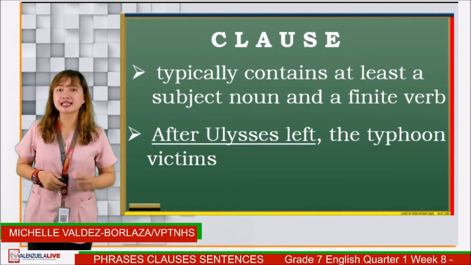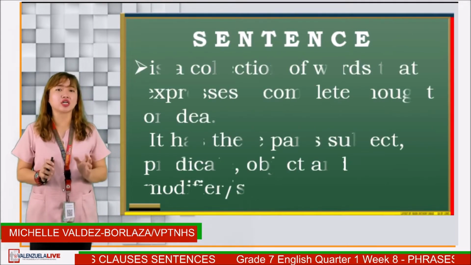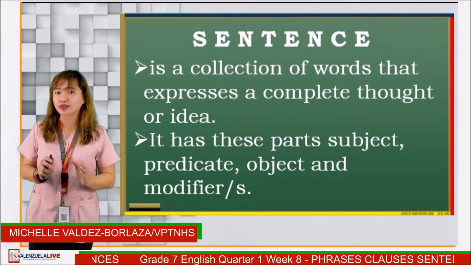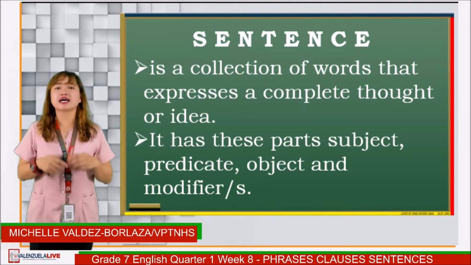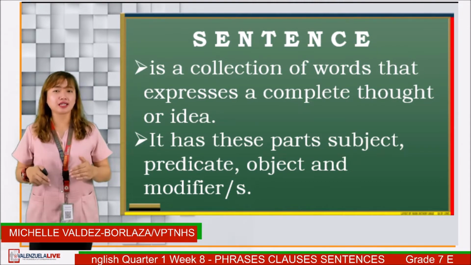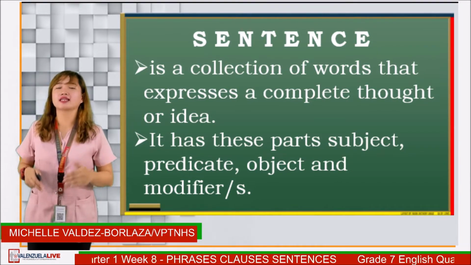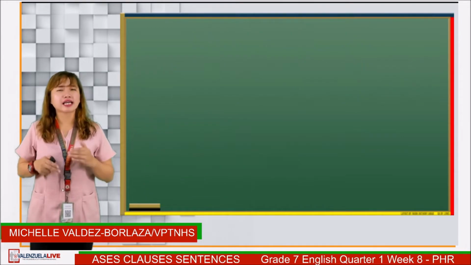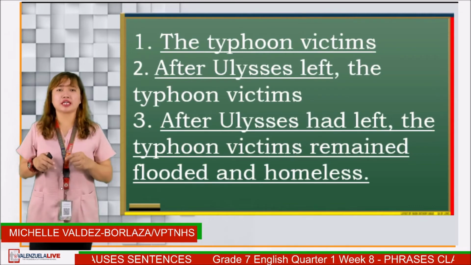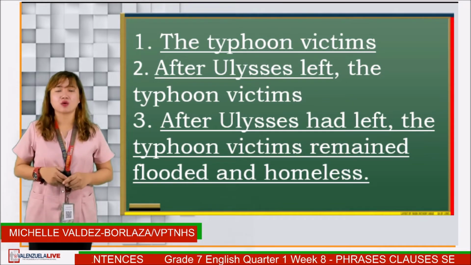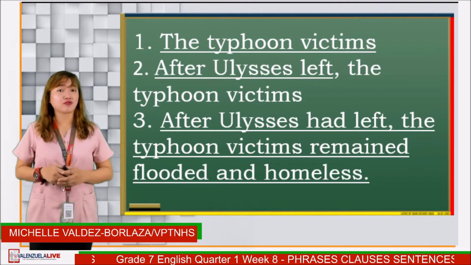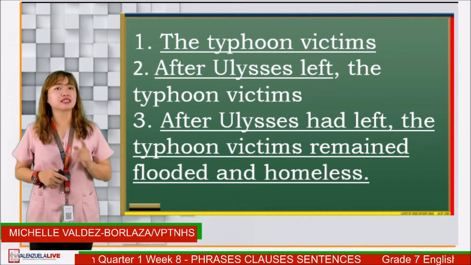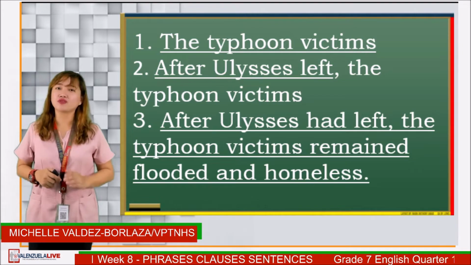And a sentence is a collection of words that expresses a complete thought or idea, and it has a subject, a predicate, an object, and a modifier or modifiers. Take a look at the group of words in your challenge earlier. We have number 1, the typhoon victim. Number 2, after Ulysses left, the typhoon victim.